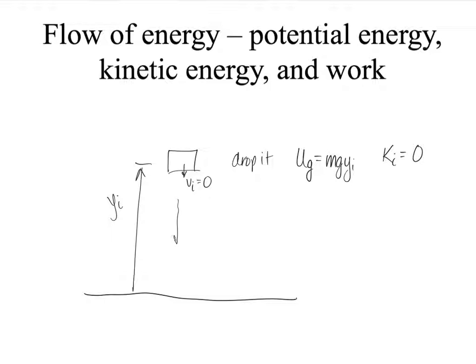As this object falls to a lower position, its gravitational potential energy is smaller than the initial gravitational potential energy, but we know that its kinetic energy is now going to be greater.